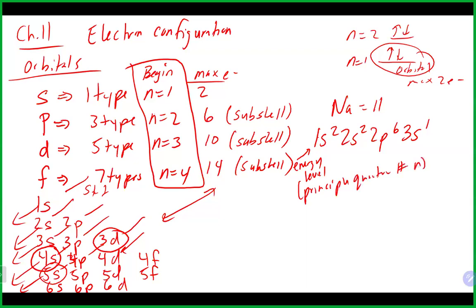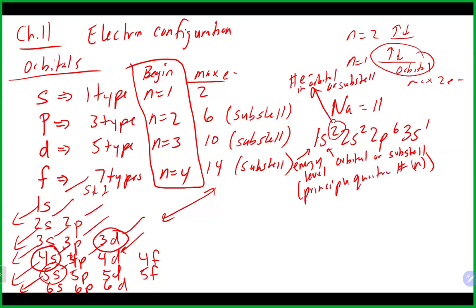And that's that n number. The letter is the orbital or subshell the electrons are in. And the top number is the number of electrons in an orbital or subshell. Once again, there's no weird things like commas, dashes, anything like that. So that again is how it should look.